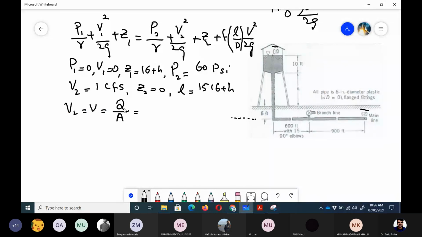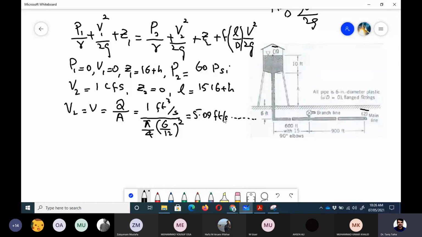So the Q value is 1 cubic feet per second, CFS, divided by area. Now area would be equal to pi by 4 into diameter squared. So diameter should be in feet. So 6 inches would be 6 by 12, right? So V2 comes out to be 5.09 feet per second, right?